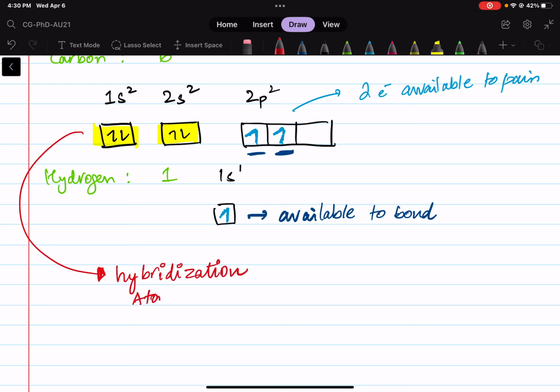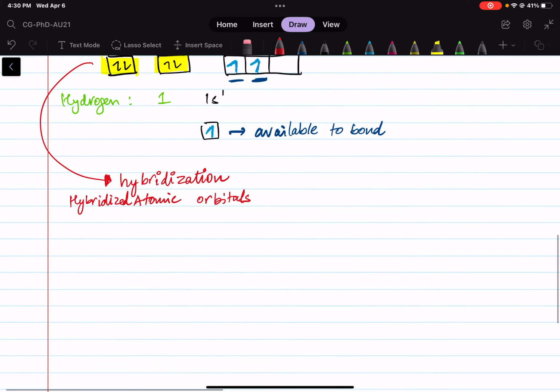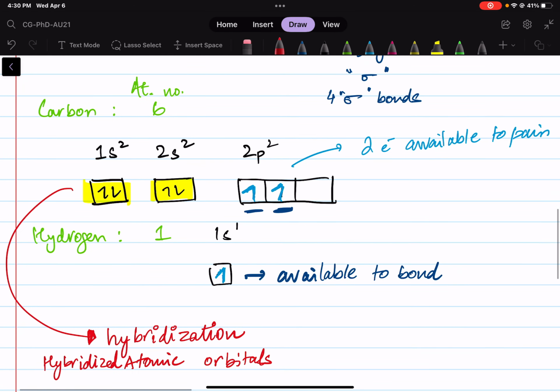and creates hybridized atomic orbitals. So especially in this case, what happens is that the 2s2 and the 2p2 rearrange their electrons in such a way that there will be 4 unpaired electrons.